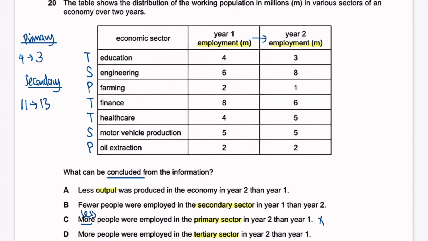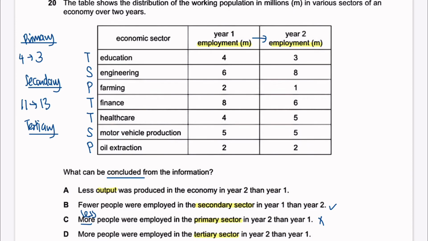Let's see the answer. Fewer people were employed in the secondary sector in year 1 than year 2. Yes, this is correct. But we still need to work out tertiary. For tertiary, you just need to add up education, finance, and healthcare.